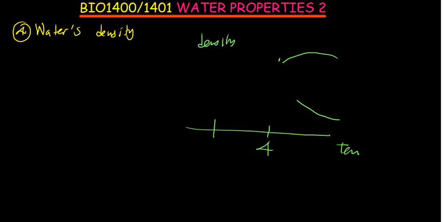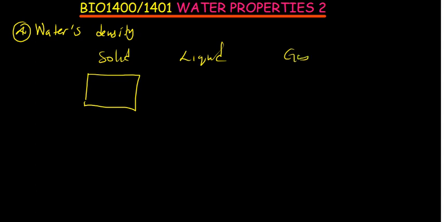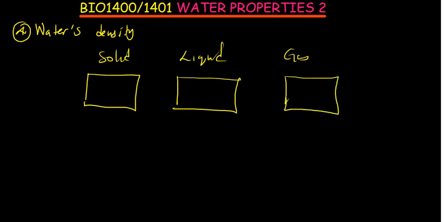Now, when you talk of solid water and liquid water, I'll just remind you of what we did at grade 12. Solid, liquid, and gas. Which one has particles more closely packed? From what you can remember.